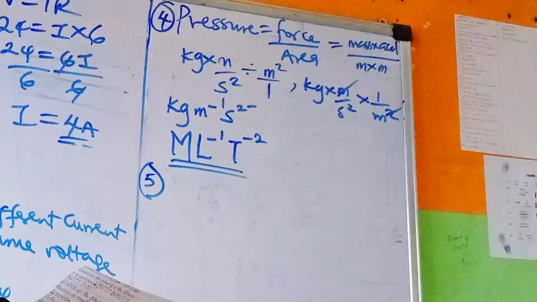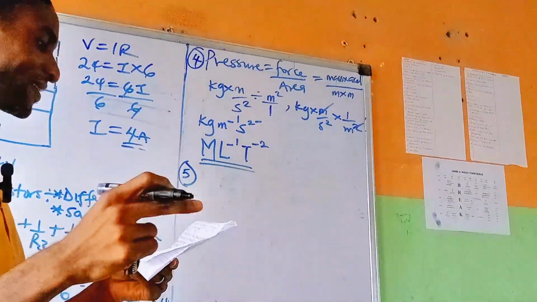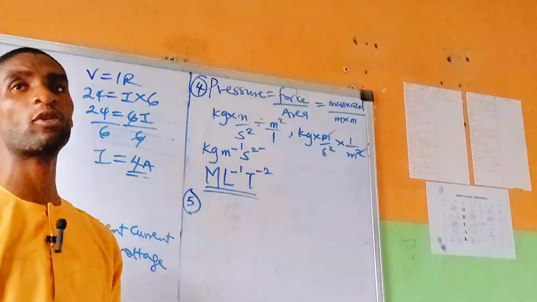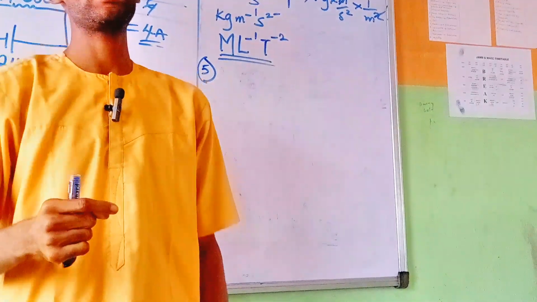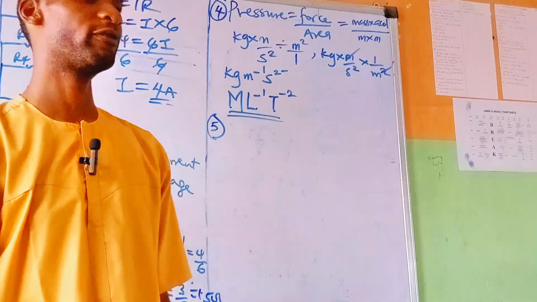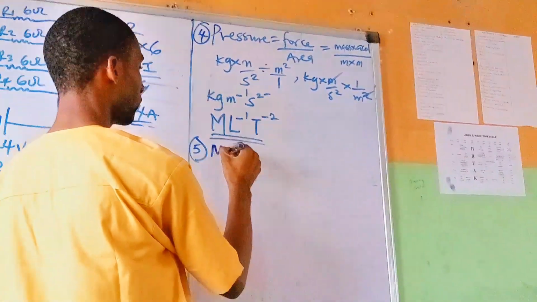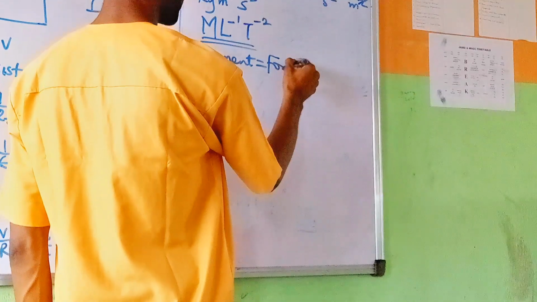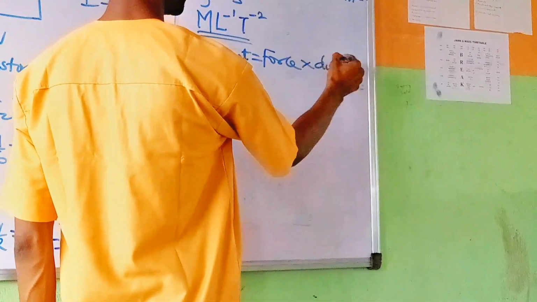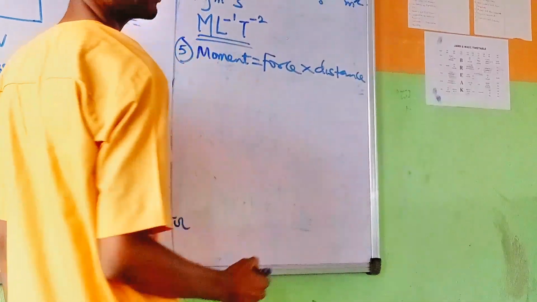Number 5 question says, which of the following has the same dimension as moment of force? The first question you ask yourself is, what is moment of force? Moment of force is simply the product of force and distance. That is the formula for moment.